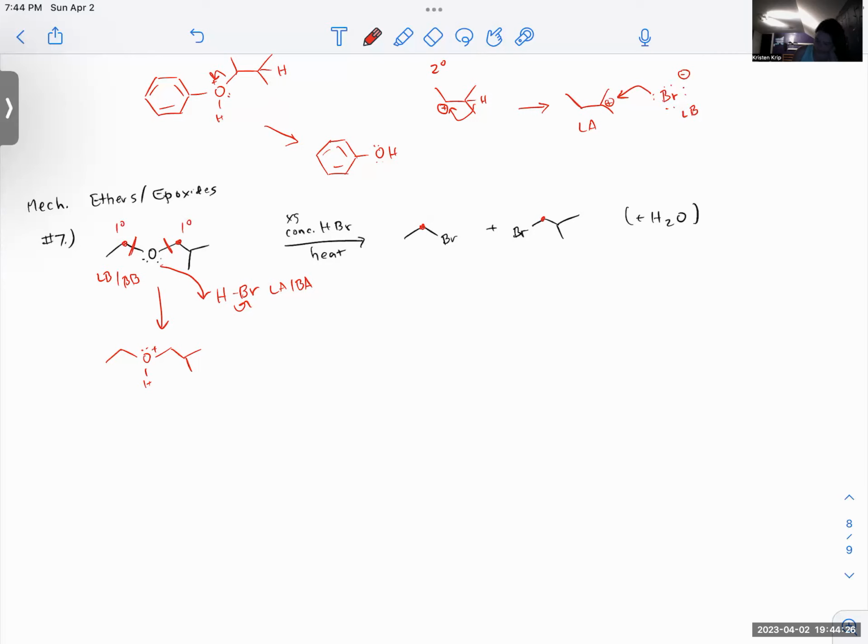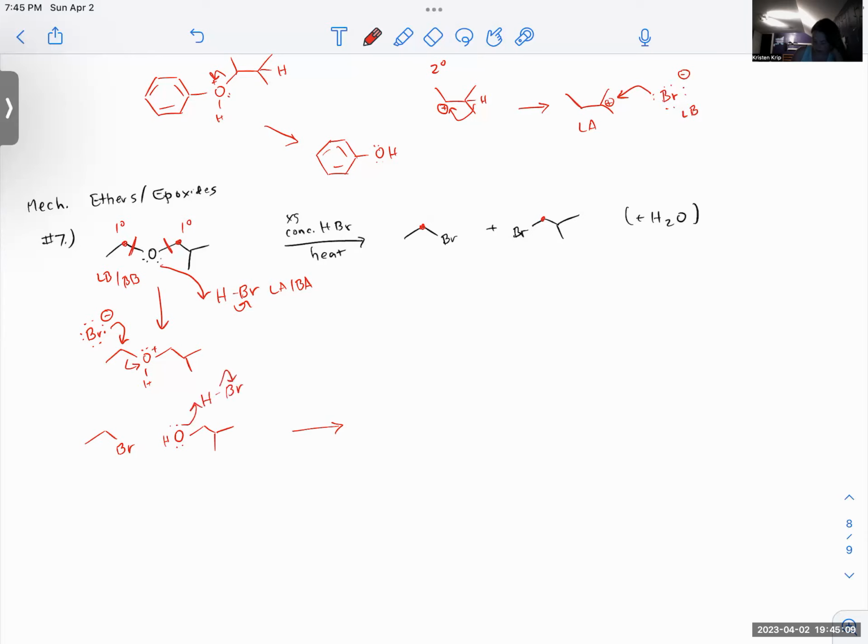So I guess the least bulky one happens first, maybe. I don't know. Yeah, that's kind of what I was going to go with, the least bulky one happening first. So then this is going to separate. Then we're going to end up with bromine like that. And then we have this. And then we need to protonate that oxygen again, make it into a good leaving group. So we've got HBr.